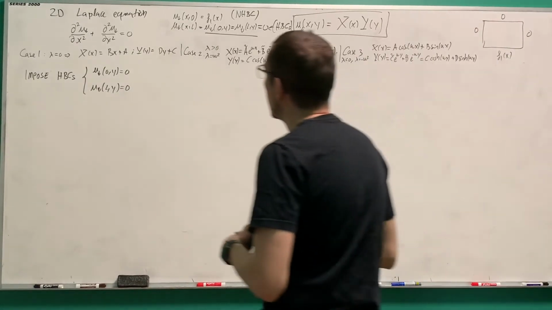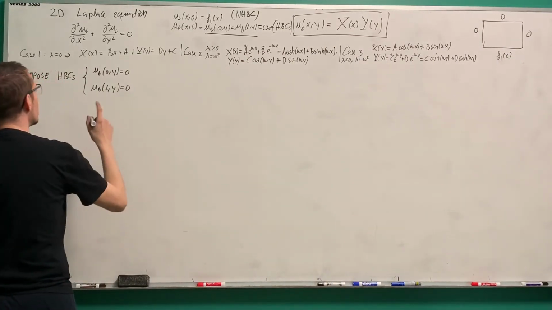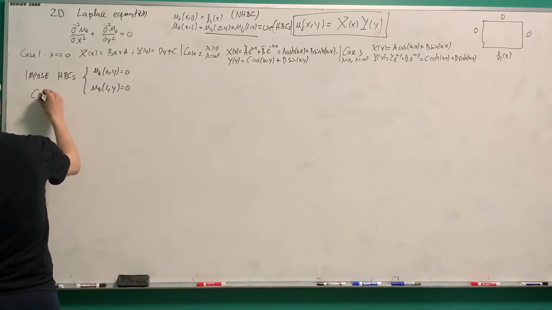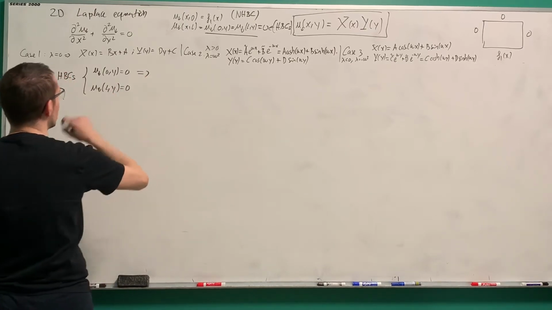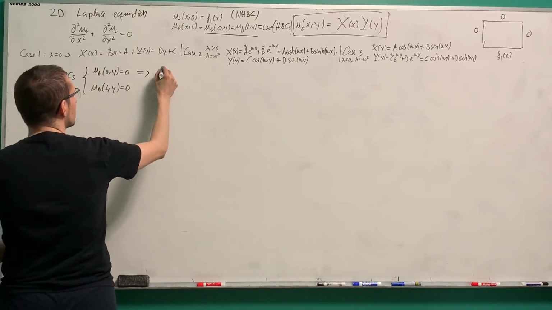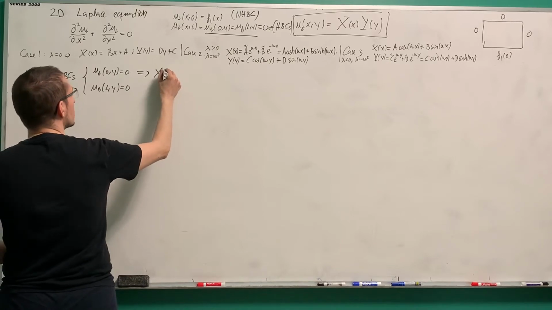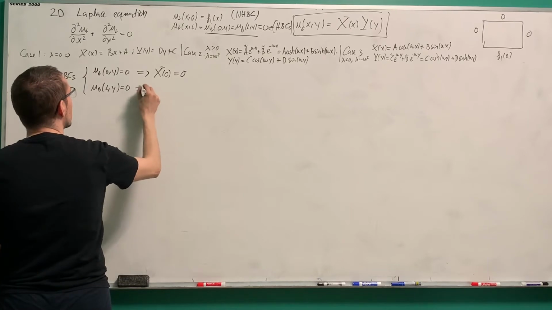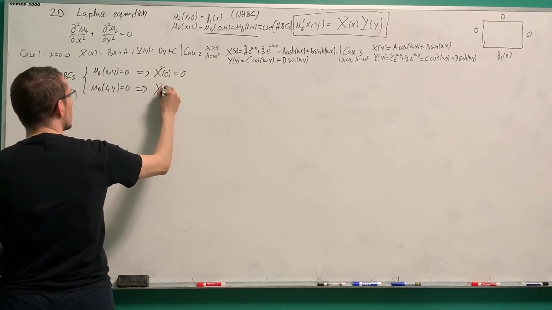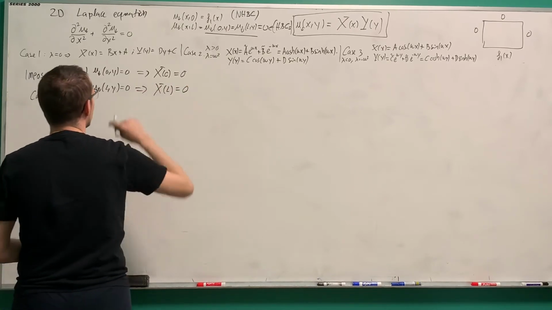All right? And let's check case 1. In case 1, for all cases, this means that X of 0 is equal to 0, and this means that X of L is equal to 0.